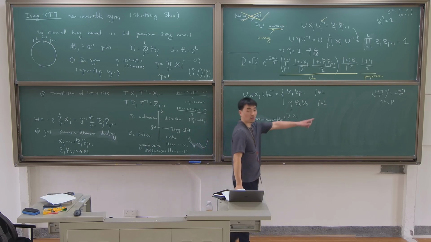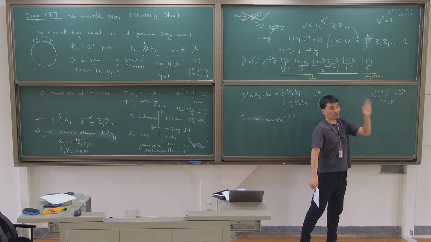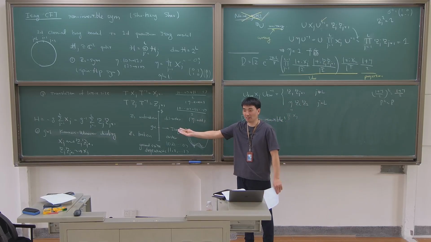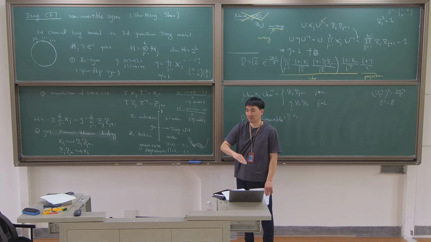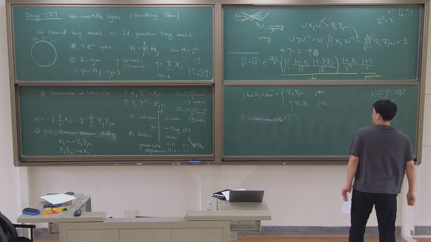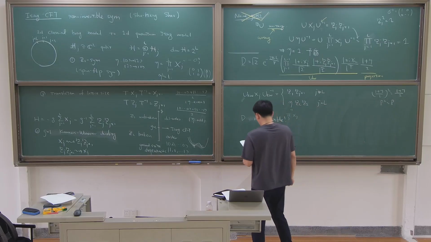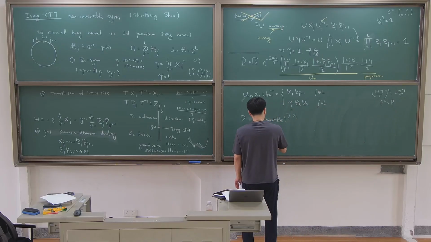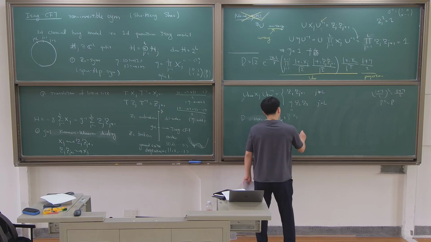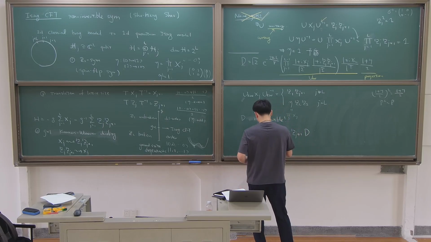Because it involves projection. So once you project, this state is projected out. If you project it out, you cannot come back. Okay? So therefore, D doesn't have an inverse. On the other hand, we have this property, D x_j. It's a good exercise to do.